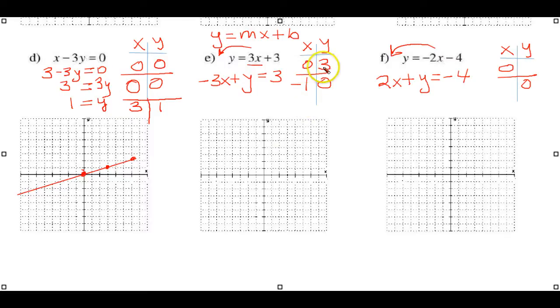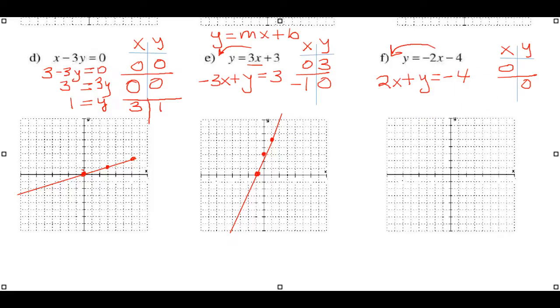So again, 0, 3, negative 1, 0. Again, you're plotting the intercepts. Just give myself another point there. And there's the graph. Well, a little bit off, but not bad.